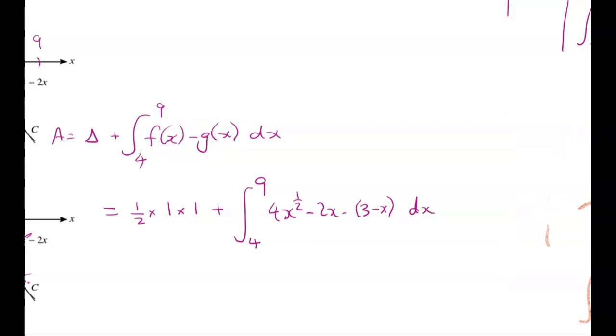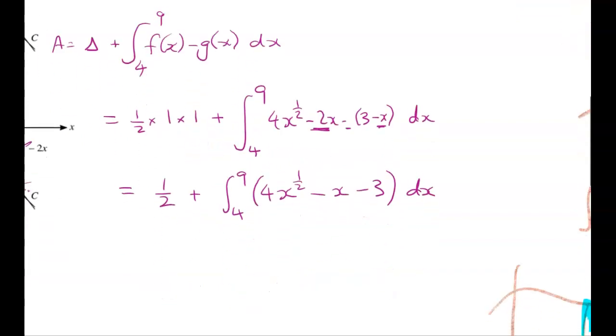I'll just get rid of that mess over there. So I'm going to clean up slowly. I've got 1/2 here, plus the integral from 9 to 4 of 4x to the 1/2. Now I've got minus 2x here, plus x here, gives me minus x here, minus 3 dx. And I'll stick that in brackets.